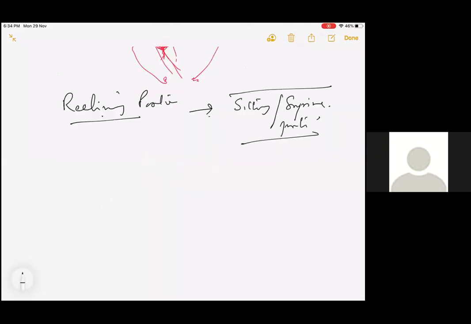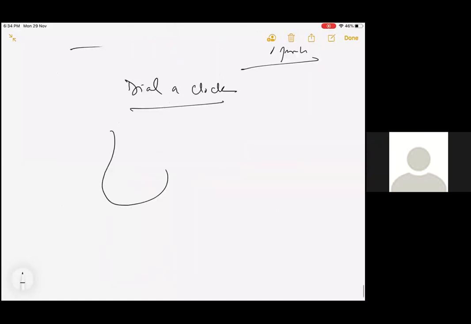And how do you palpate for breast? You can have various methods. There is a method called dial a clock. This is usually how you demonstrate. Sorry, I can make it better, but just to completely cover, this is axilla, that's how we'll show it.